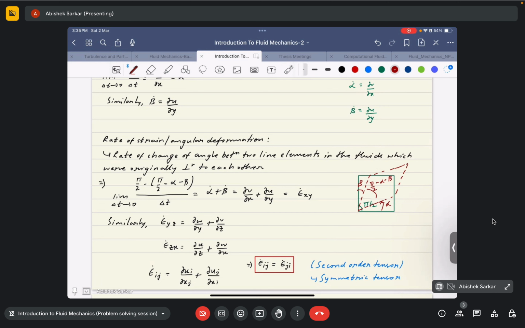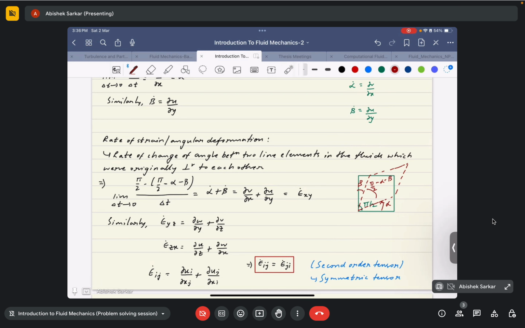Then we again take the limit delta t tends to 0. Why we take delta t tends to 0, I have talked about it extensively, so I don't have to repeat it. So once we do this evaluation, we get that the rate of angular deformation is given by alpha dot plus beta dot, or the sum of the rates of angular deformation of the two line elements, which will basically be dou v by dou x plus dou u by dou y.